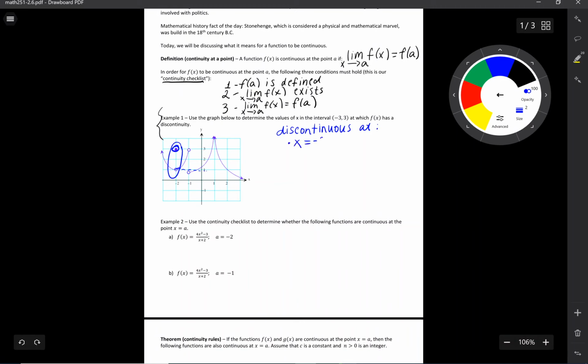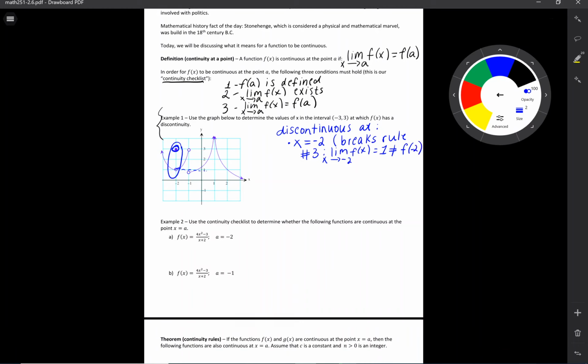This breaks the third rule. My limit is not equal to the function evaluated at that point. Because the limit as x approaches -2 of f of x is equal to 1, which is not f of -2.